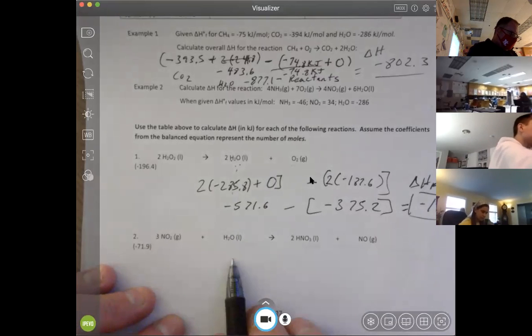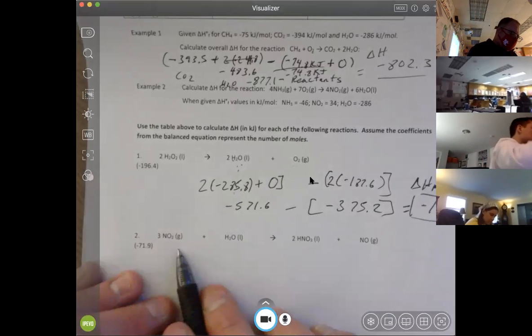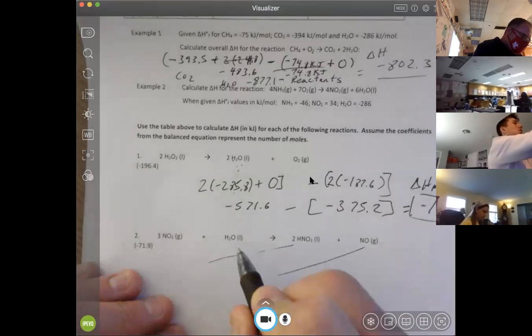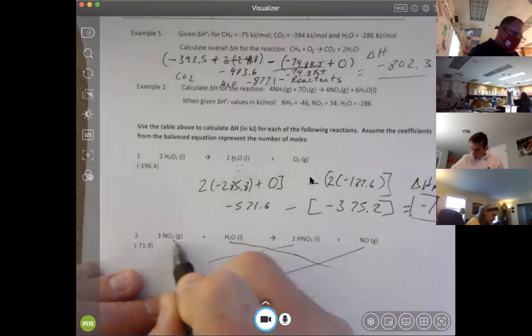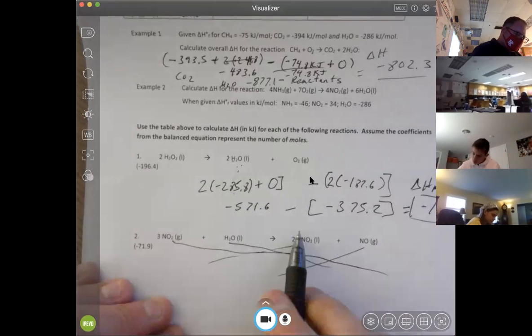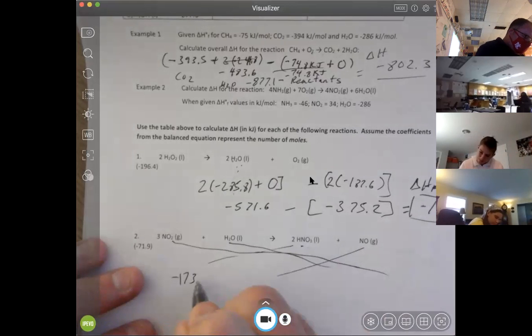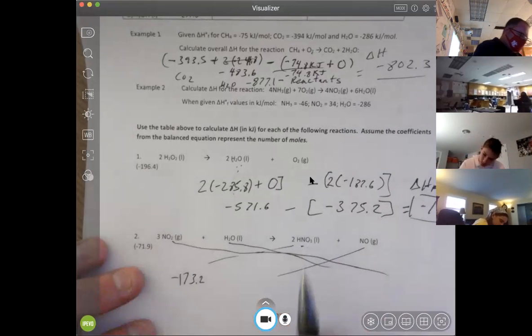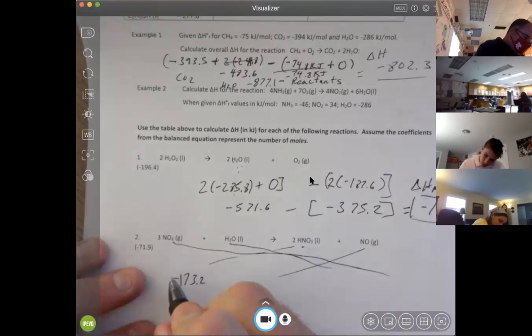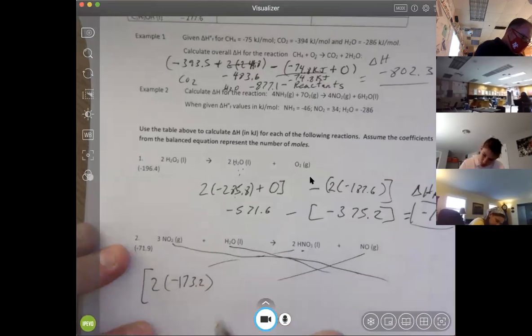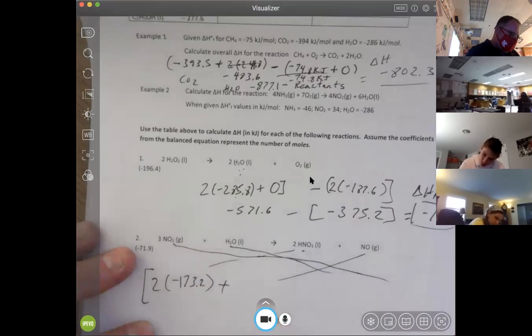So let's take a look here. We're going to take the products and we are going to subtract the reactants. So 2HNO3, HNO3 liquid is negative 173.2 kilojoules. There are 2 moles of that, so I will multiply that by 2. It's a summation, so we're going to add to that the NO, which there is 1 mole.